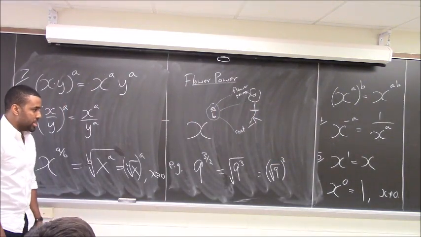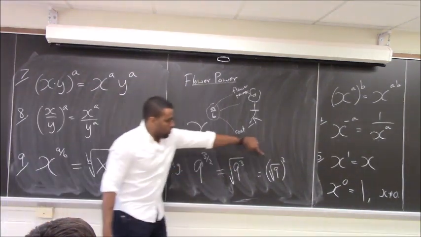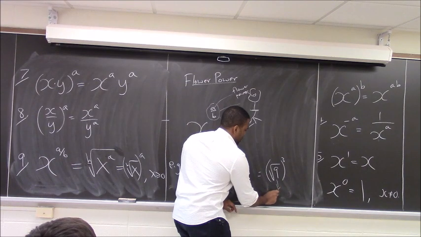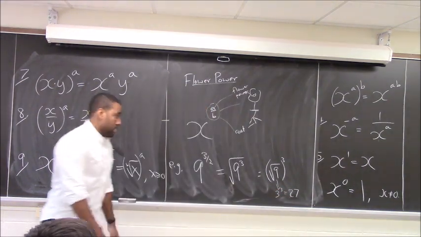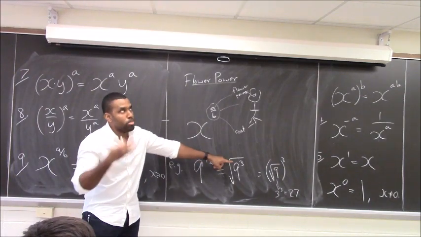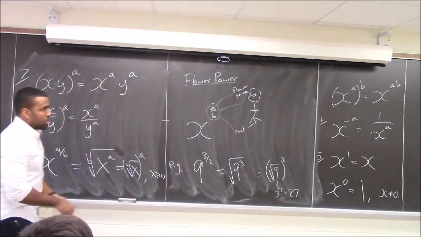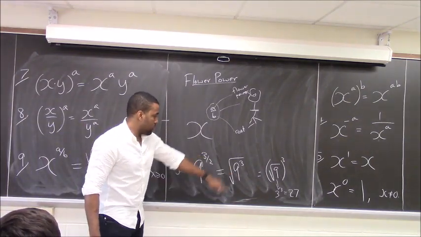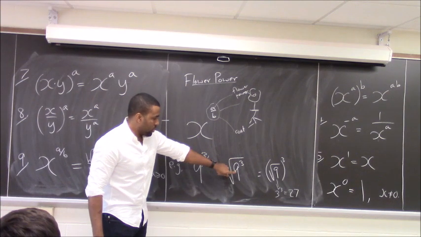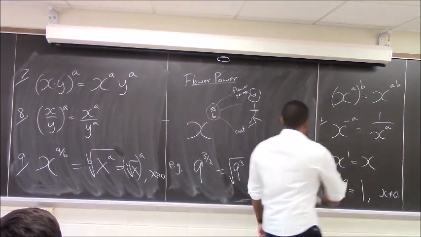And since the base 9 is positive, you can think of it in either way. This way is easier because the square root of 9 is just 3, and so 27 is what this is. As opposed to thinking of it this way, where you have to cube 9, what's 9 times 9 times 9, and then take the square root of that huge number. So a lot of times things will be interchangeable as long as the root behaves with this base. So you know that if the base is negative, you can't have an even root out here, etc.